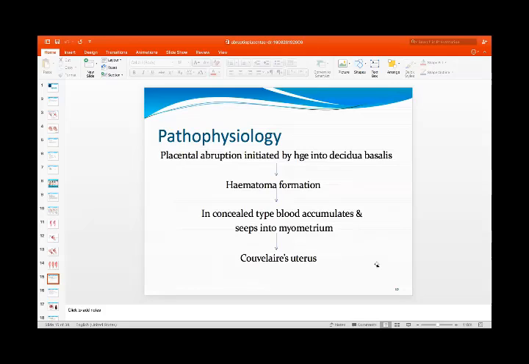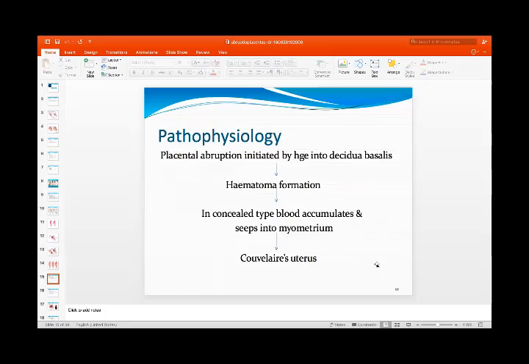What is the pathophysiology? Placental abruption is initiated by hemorrhage into the decidua basalis. So whenever there is separation, there will be bleeding in between the placental bed and the uterine wall. This bleeding will cause hematoma formation.